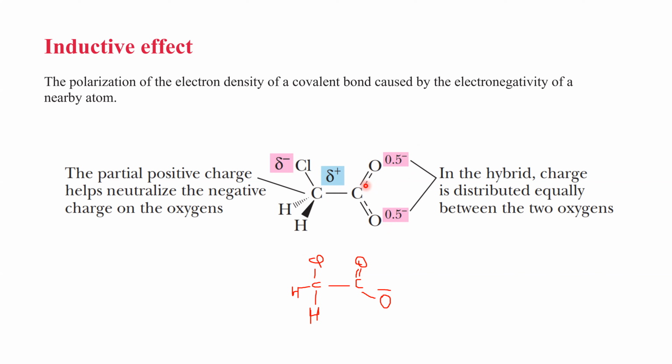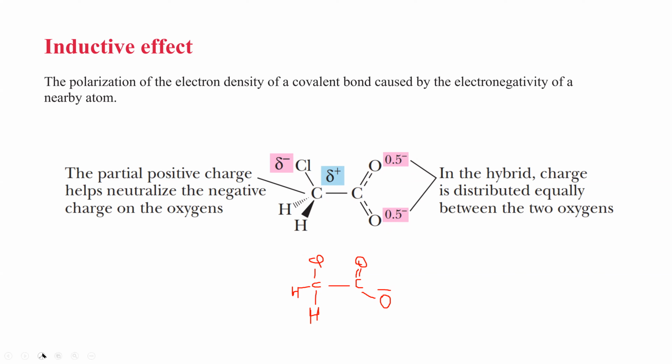This dotted line shows that these pi electrons are in movement. Sometimes the bond is formed and then it breaks. So this is not fixed, it is not that only this carbonyl will be in the double form or only that carbonyl will be in the double form. It keeps on moving.